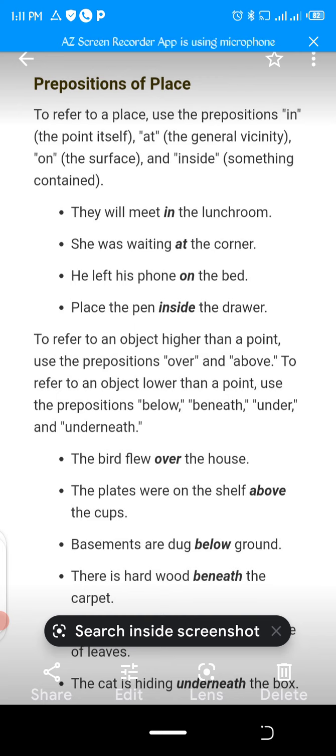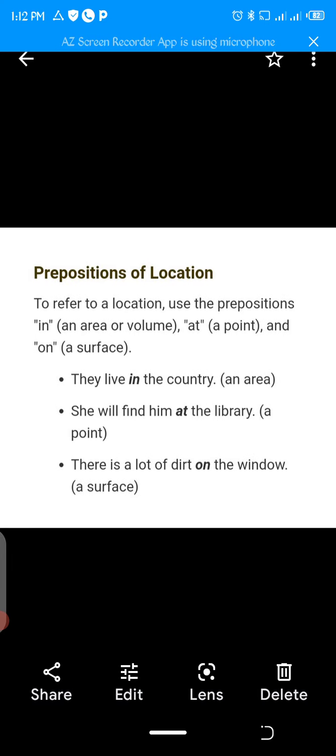The plates were on the shelf above the cups. Basements are dug below ground. There is hard wood beneath the carpet. These are examples of prepositions of place.